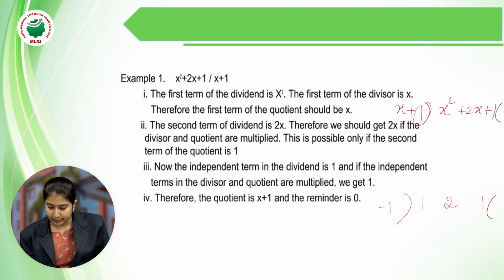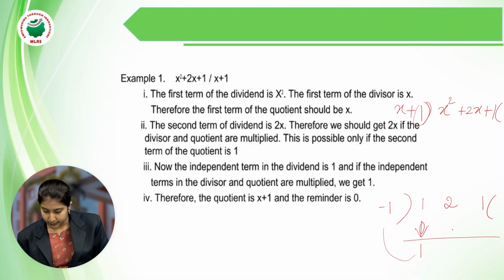I am ignoring this, and this will be the transpose of that. So here I get as usual the same number down, that is 1. And if I multiply this minus 1 with 1, then I get minus 1. So here the answer is 1 and this is minus 1. So this is 0, which means the remainder is 0.